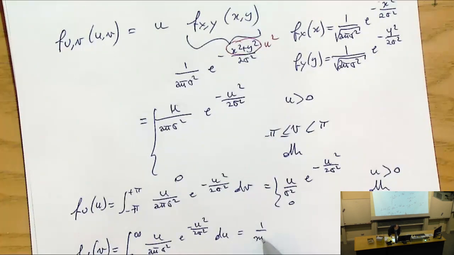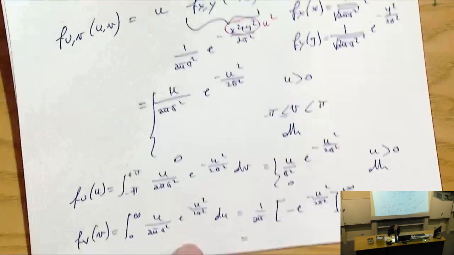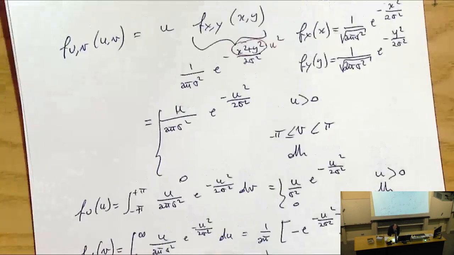This is 1 over 2 pi, and I have now minus e to the minus u squared over 2 sigma squared between 0 and positive infinity, and this is equal to 1 over 2 pi.